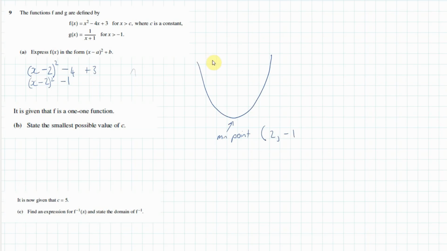For it to be 1-to-1, we want the smallest possible value at the minimum point, and that would mean that everything on this side we can use. So I would say the smallest possible value, therefore, is minus 1.